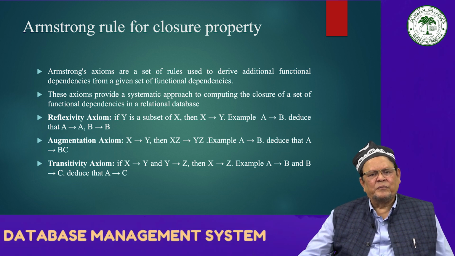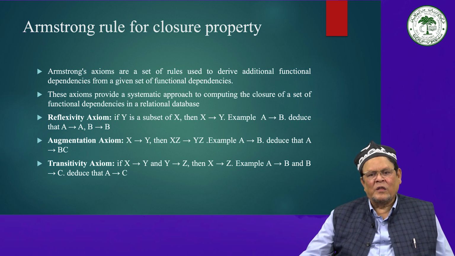Transitivity axiom. Transitivity states that if X determines Y and Y determines Z, then X determines Z. This axiom allows you to chain together multiple functional dependencies to infer new ones.